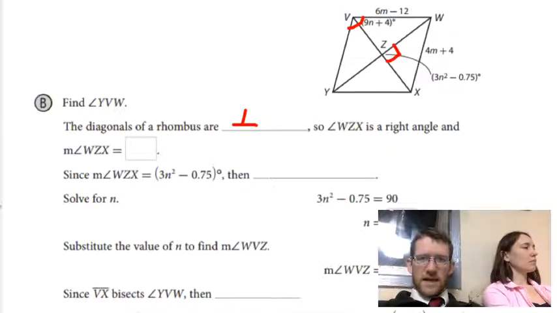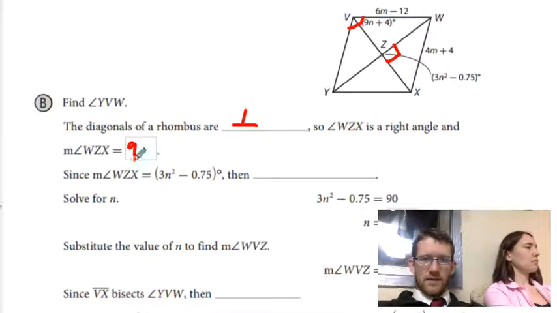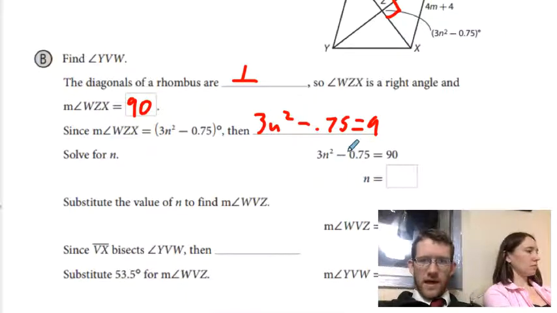So WZX is a right angle, and therefore the measure of angle WZX is 90. So therefore we can set 3n squared minus 0.75 equal to 90. And we solve for n. Add 0.75 to both sides, and then divide by 3 gives us 30.25.